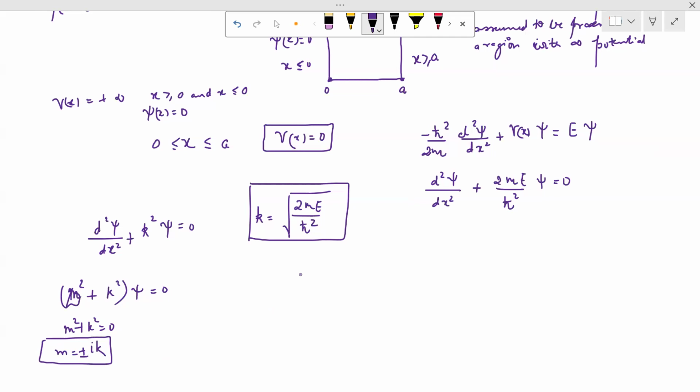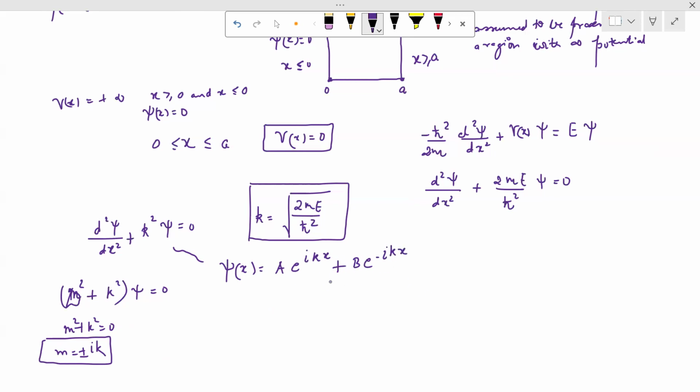So the solution for such differential equations, as you're aware from the theory of differential equations, ψ(x) would be equal to some linear combination of e to the power ±ikx.